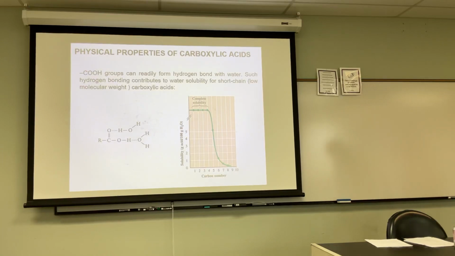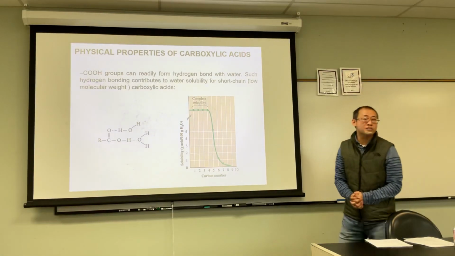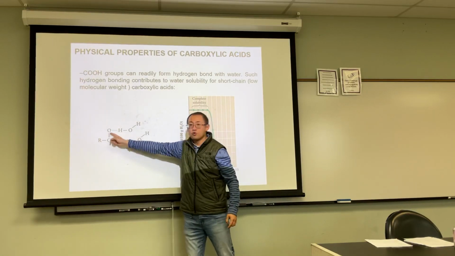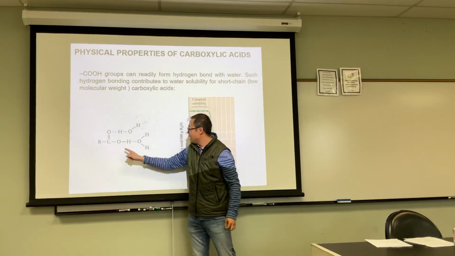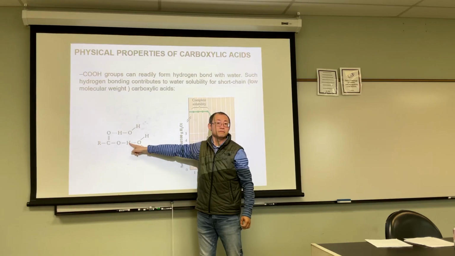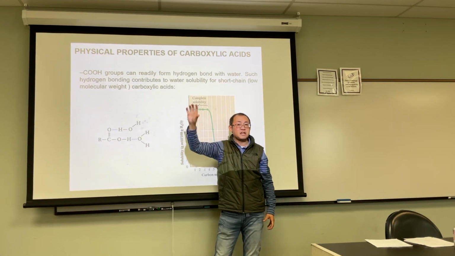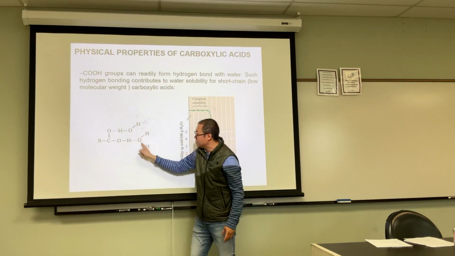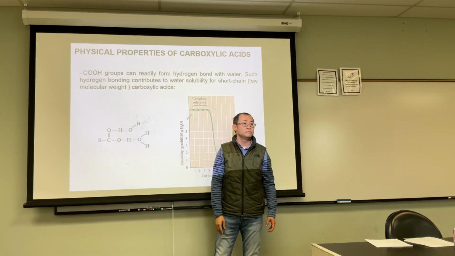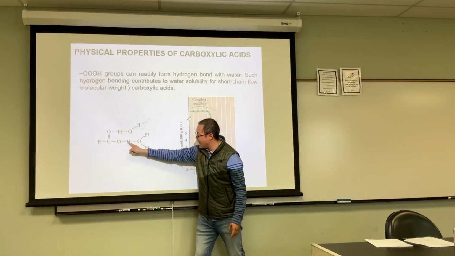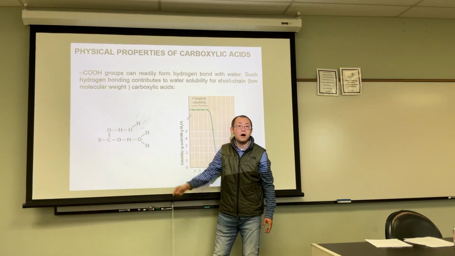That's boiling point. Next, because of the carboxyl group, you can see very obviously that it has oxygen and hydrogen. Both parts of the carboxyl group can interact with water. The oxygen can interact with the hydrogen of water. The hydrogen can interact with the oxygen of water.